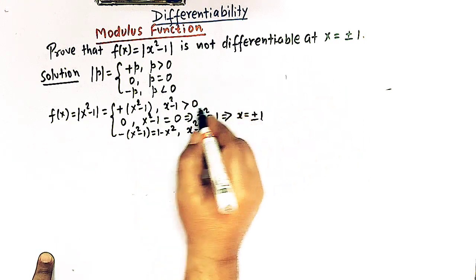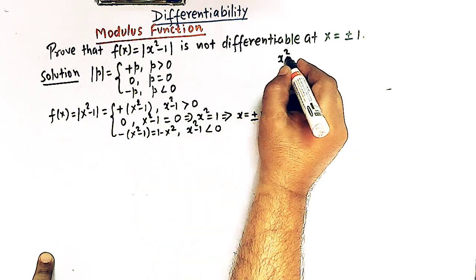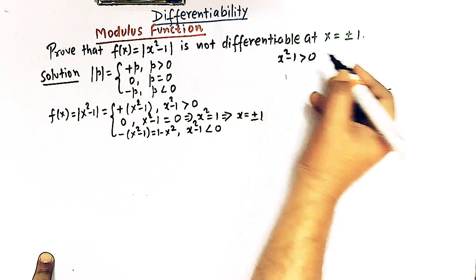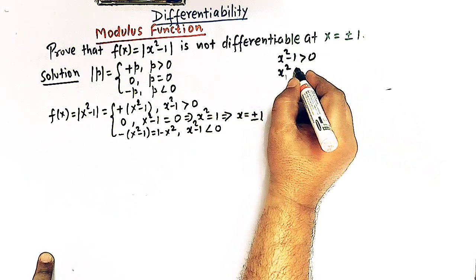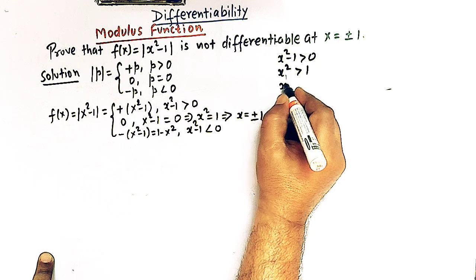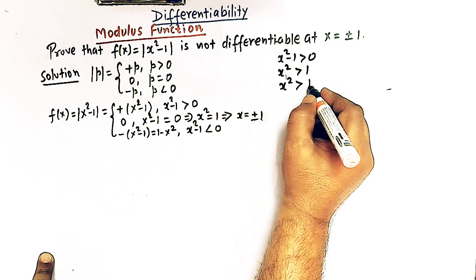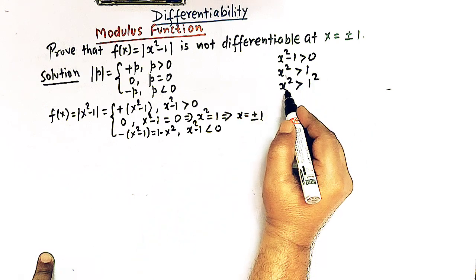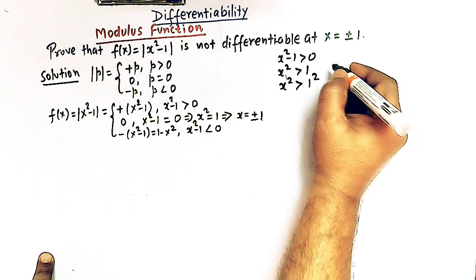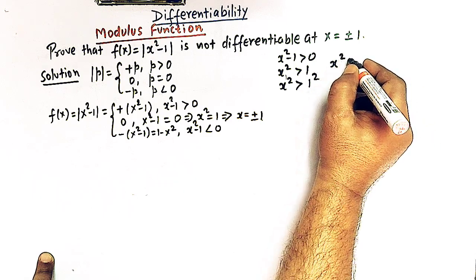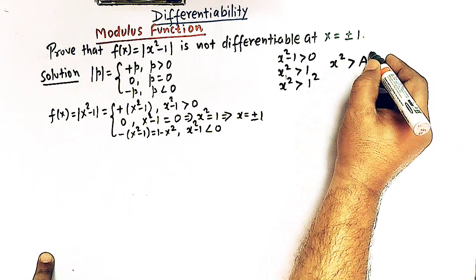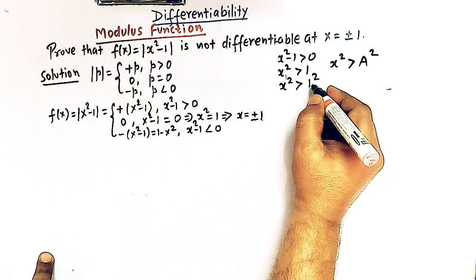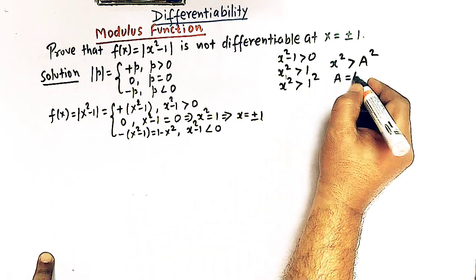The first one is x square minus 1 is greater than 0, that is x square is greater than 1. We can also write x square greater than 1 square. Now this inequality is of this form, that is x square is greater than say a square, right, where a is equal to 1.